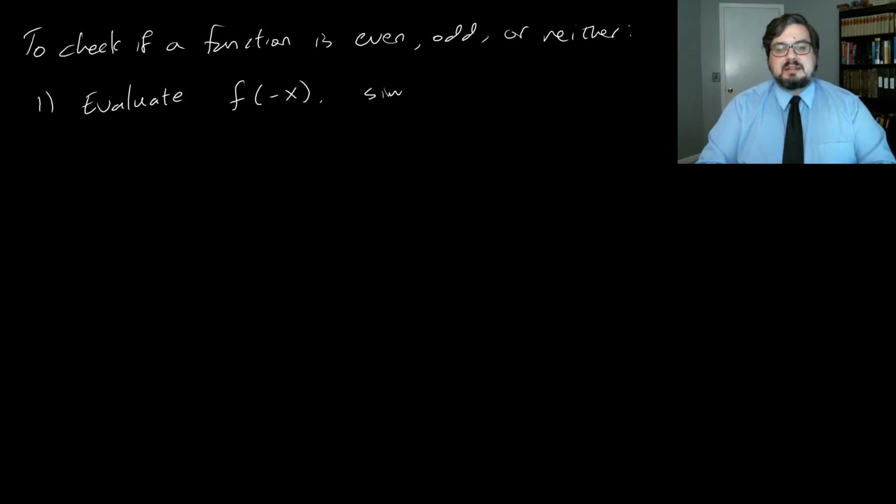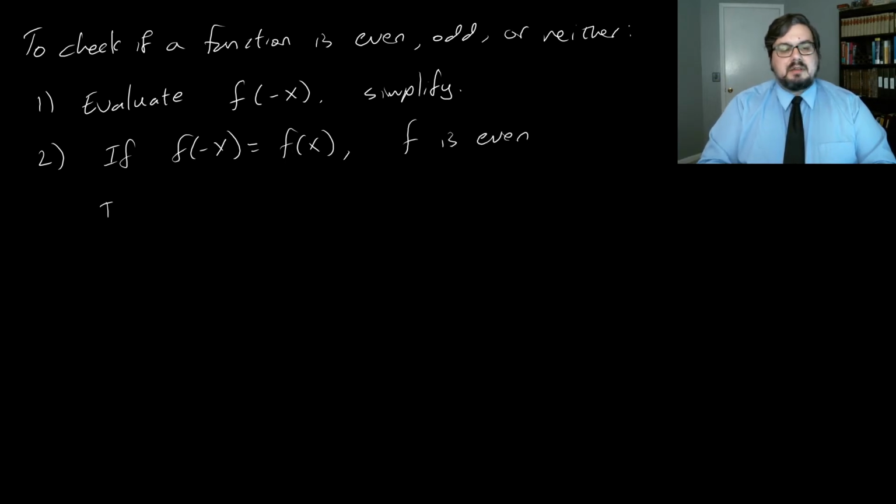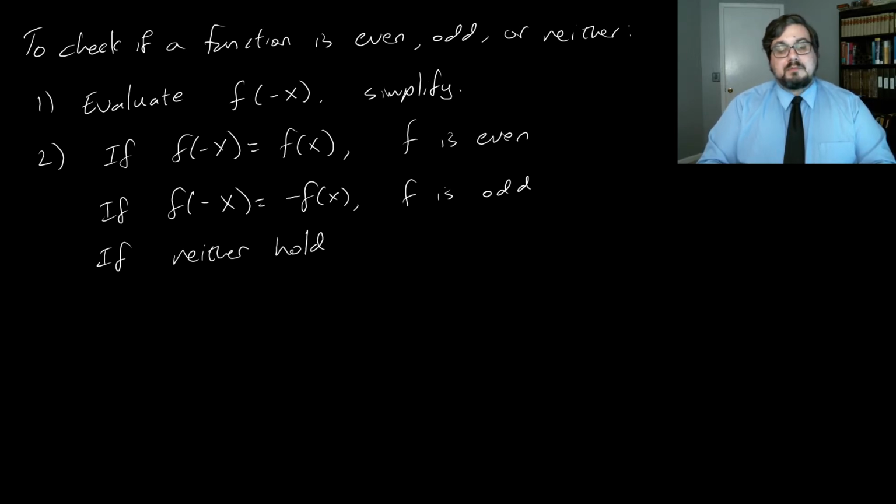And then, of course, we want to try to simplify. And then step 2, we check it against f of x and negative f of x. If f of negative x equals f of x, f is even. If f of negative x equals negative f of x, f is odd. And if neither holds, then f is neither even nor odd.